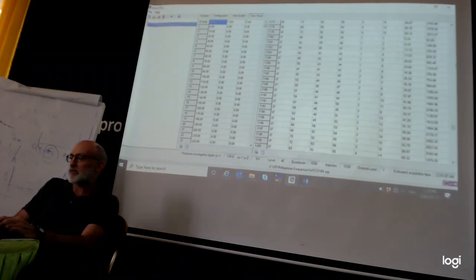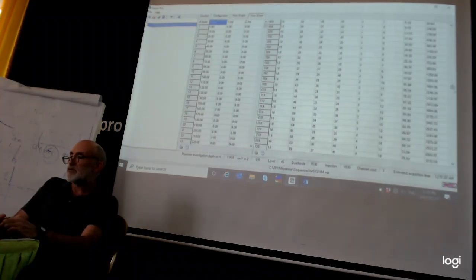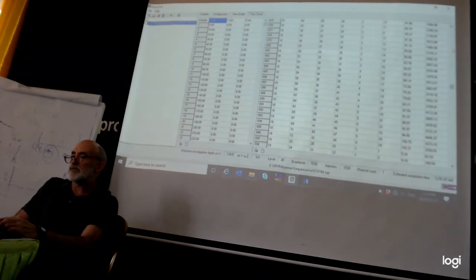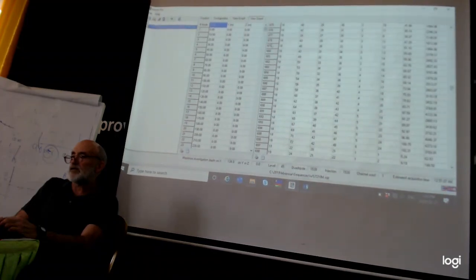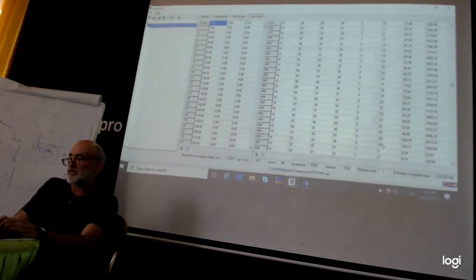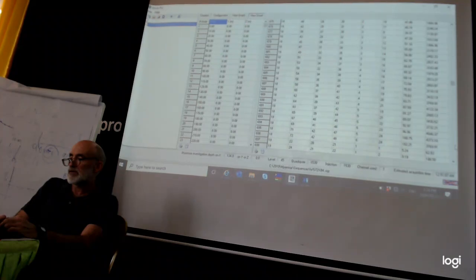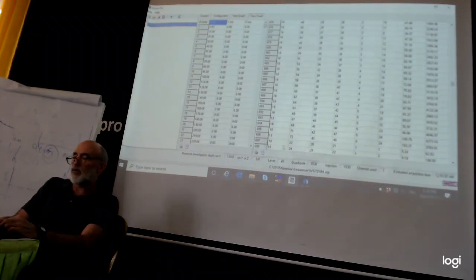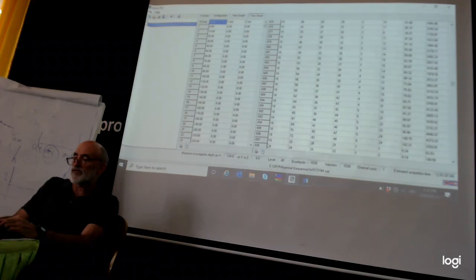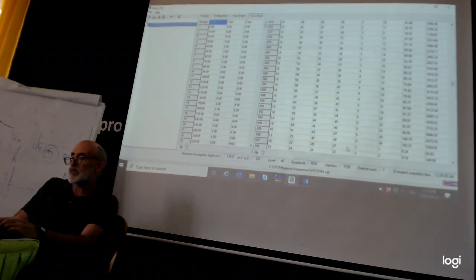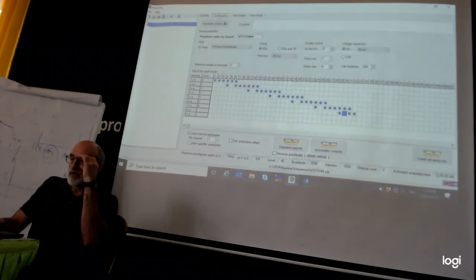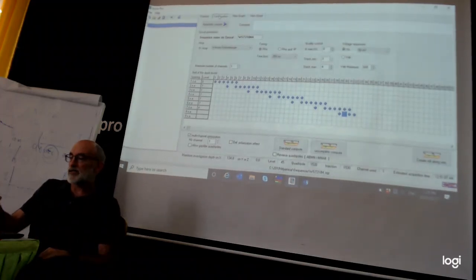And after 697, there's no 1 to 18 electrodes after this point. Any questions anybody has on these?